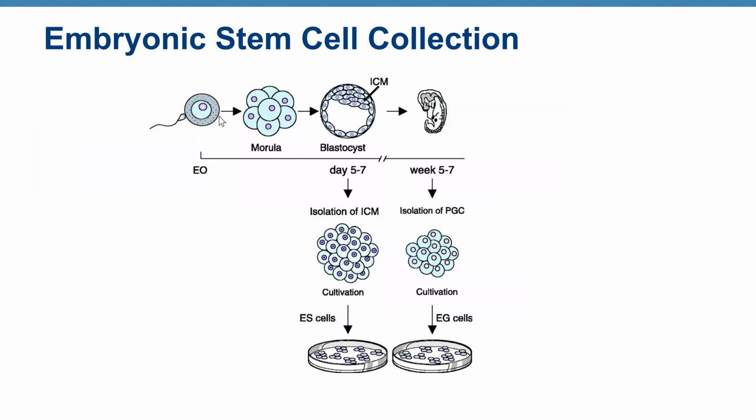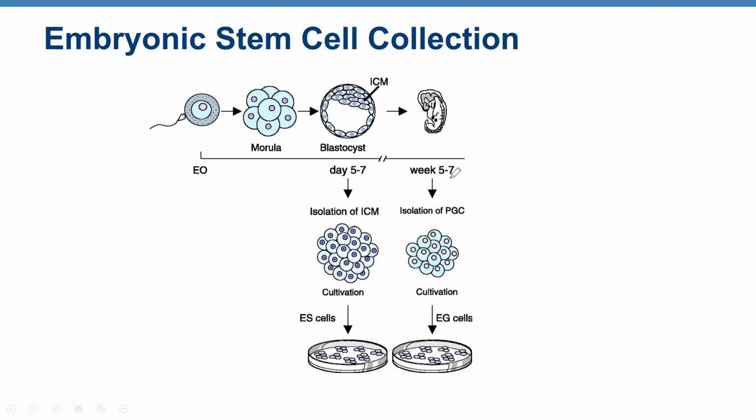Right, so now here it's a diagram. We have, again, an egg fertilized by sperm. We have the morula, we have the blastocyst, and in day 5 to 7, isolation, and we can isolate this inner cell mass and cultivate it.